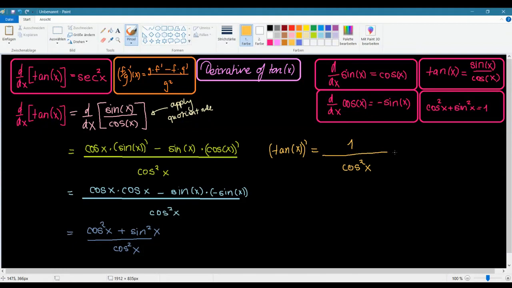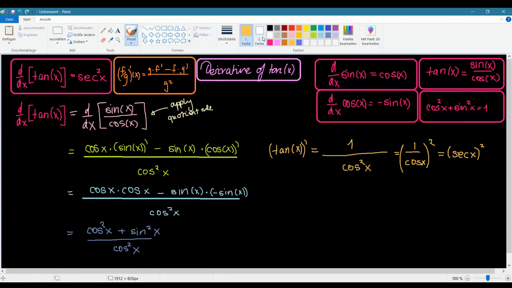Well, that equals 1 over cosine x squared, right? Oh, I accidentally wrote the square twice. Let's not make that mistake. Cosine x squared. Well, what does that equal? 1 over cosine x actually equals secant x. So we actually have secant x squared.